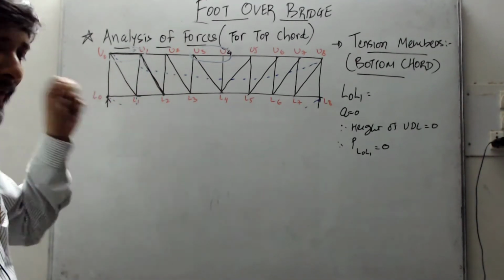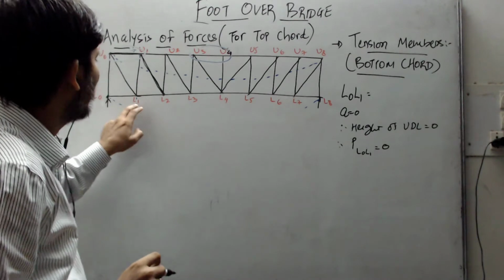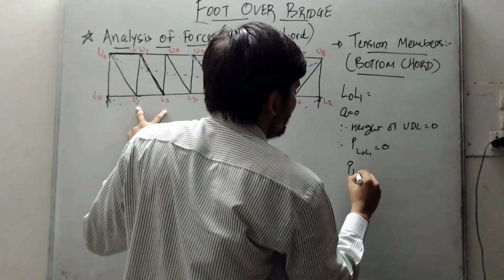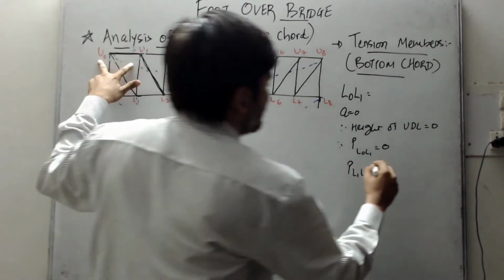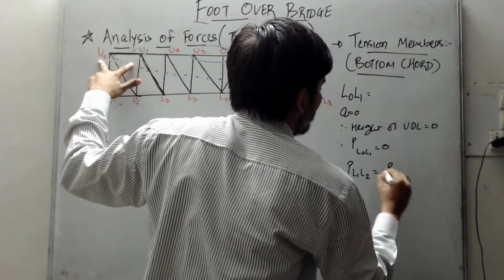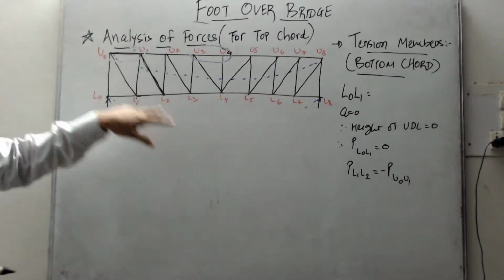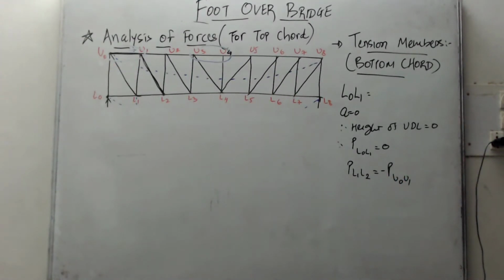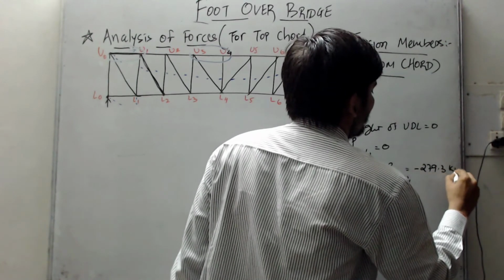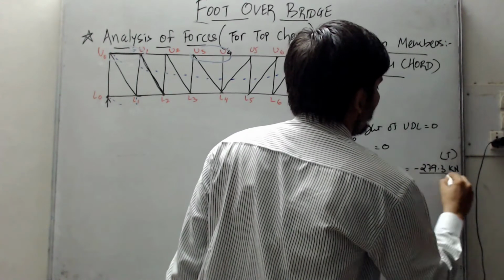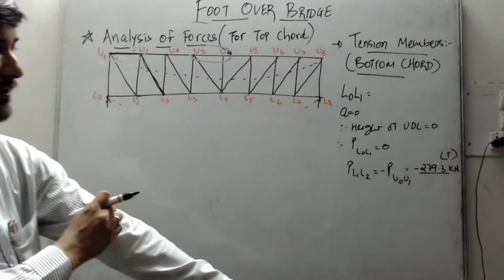So P L1, L2 will be equal to P U0, U1, but opposite in nature because here it is tension. So P L1, L2 is equal to minus 279.3 kilonewton, and this will be tension. This 279 we calculated in the previous session, which was the compression force in U0, U1.